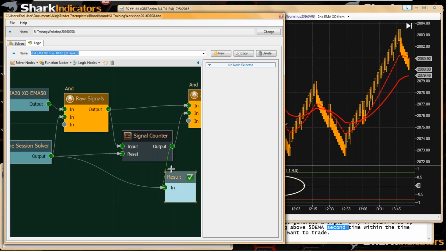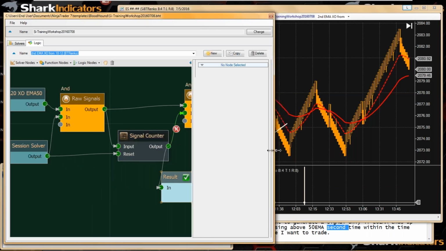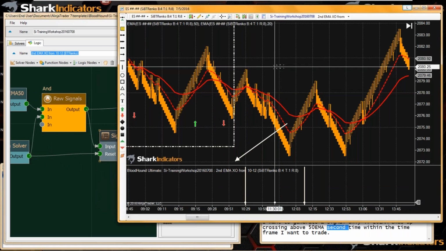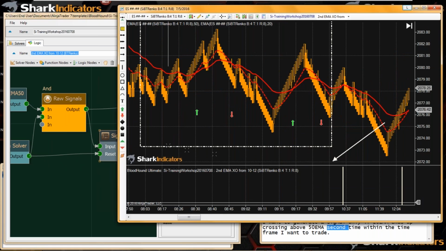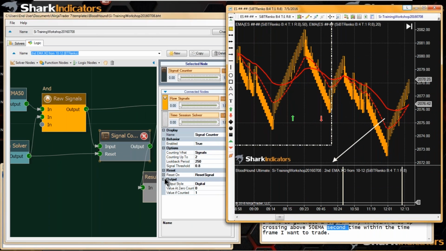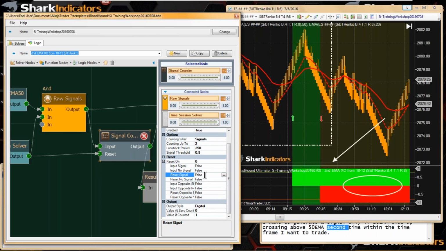So now let's take a look at the signal counter here. And let me adjust the chart. Okay, so I've got all the resets turned off. They're all set to false here. So we're talking about all of these resets in here.